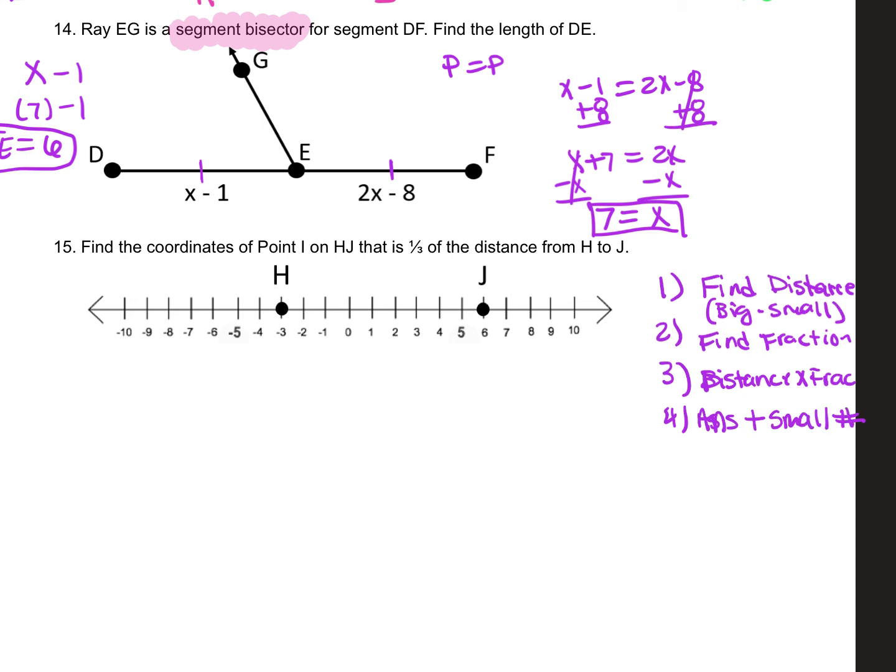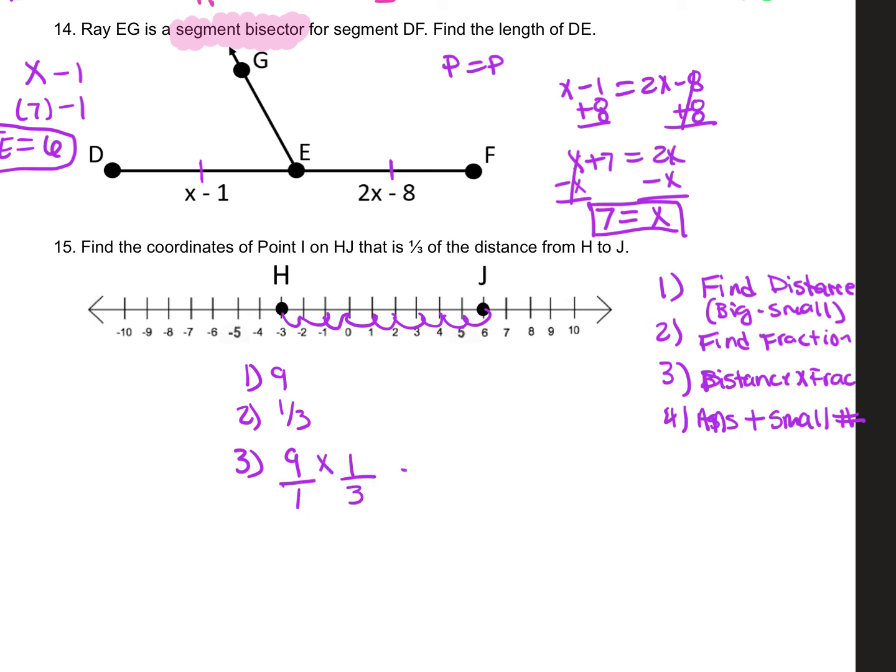All right, so let's find the distance. Here we can just count. So 1, 2, 3, 4, 5, 6, 7, 8, 9. So my distance here is 9. 2, I said my fraction was given, which is 1/3. 3, we're going to multiply those. So 9 times 1/3.